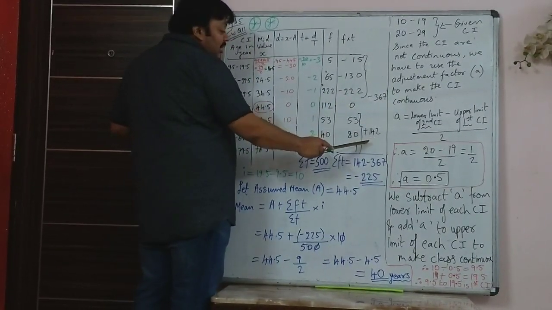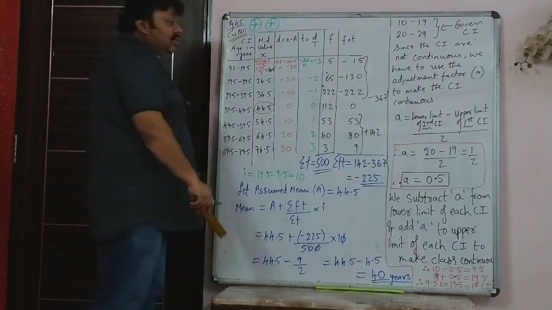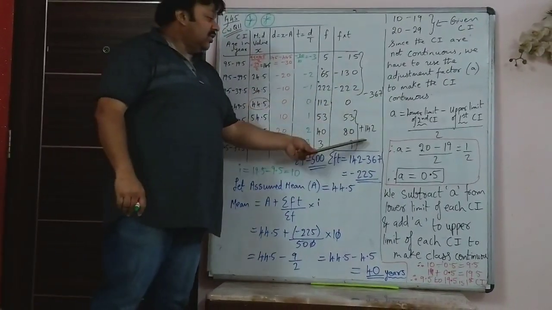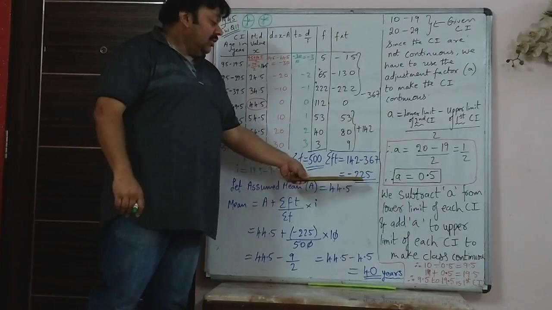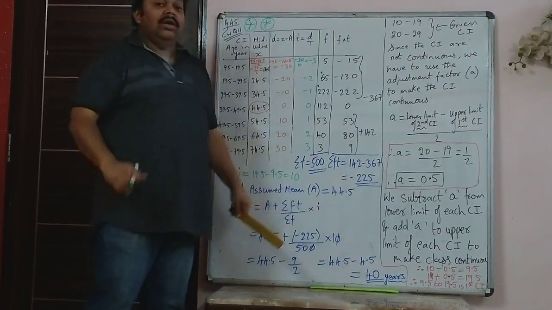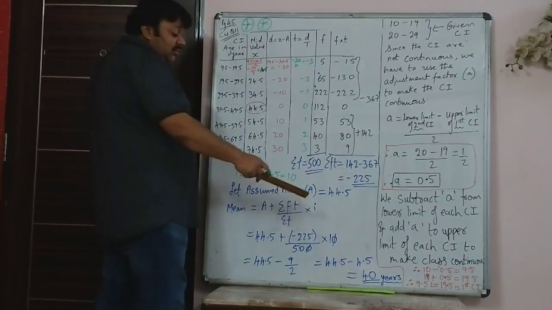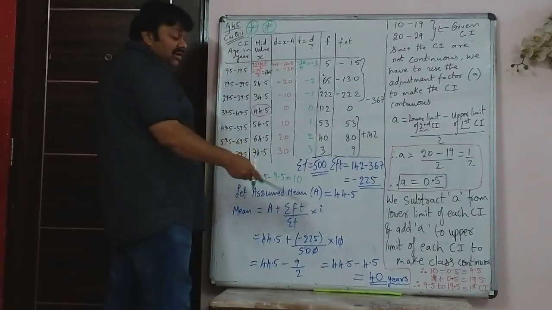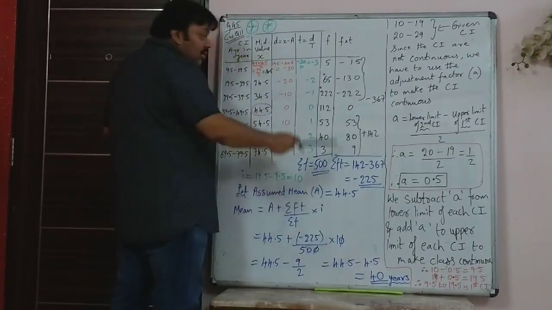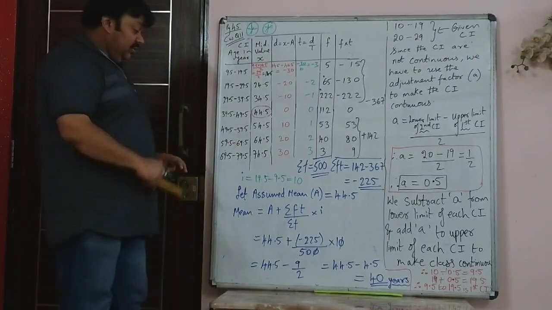Positive terms when I added, I got plus 142. So minus 367 plus 142, that is minus 225. The minus sign is important. If you ignore that, the full answer will go wrong. Then you will not get marks for the answer. Only for the steps you may get some marks.